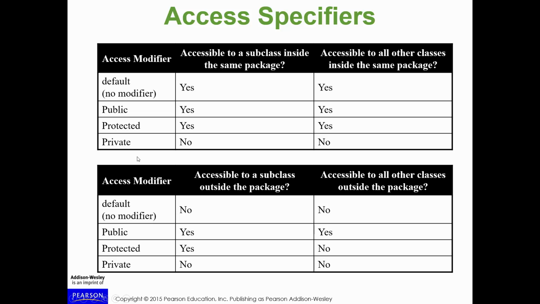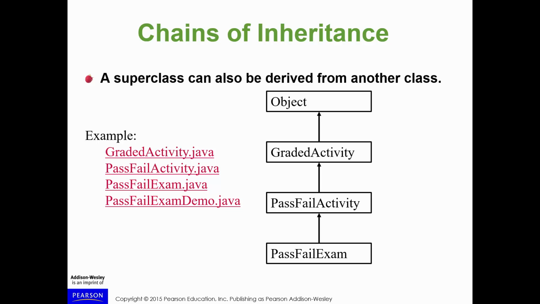The default one means that you don't say public, you don't say protected, you don't say private. If you say none of those, where it says default no modifier, that's also referred to as package access, which means that anything inside of that package will be able to access it, and outside of the package, it will not be able to.